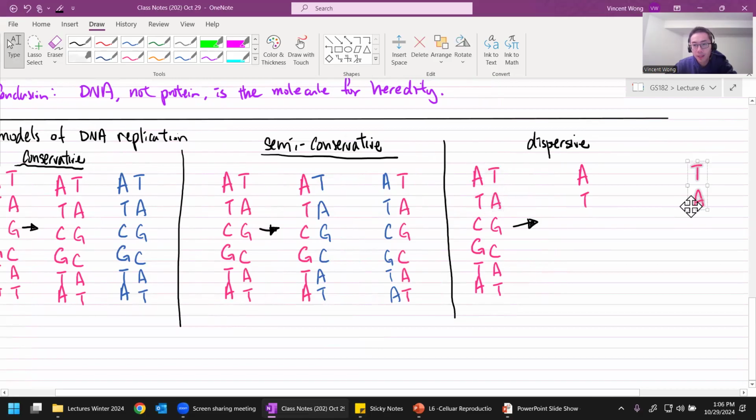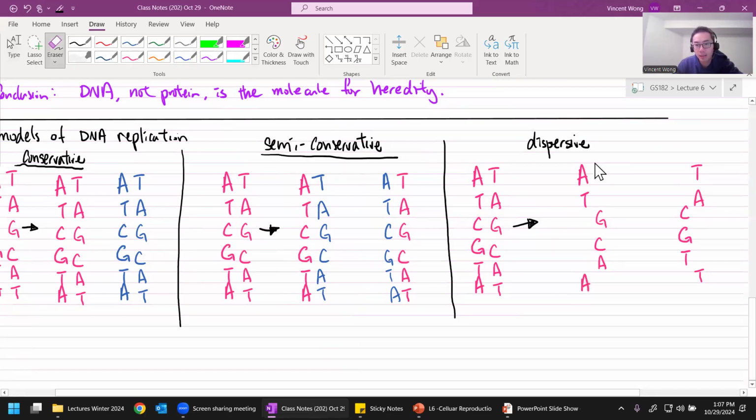We take maybe these three things and use them over here, and we take these three things and put them over there, and then the T is going to go over there. Essentially, what the dispersive model says is that we randomly take nucleotides from this side and that side, and then afterwards, we build whatever's missing.